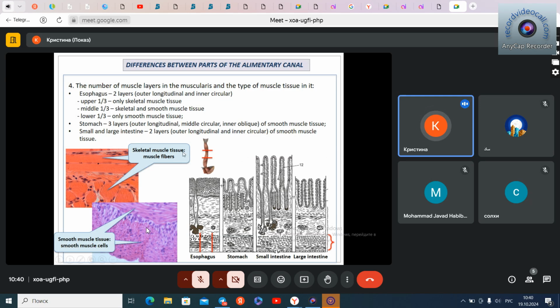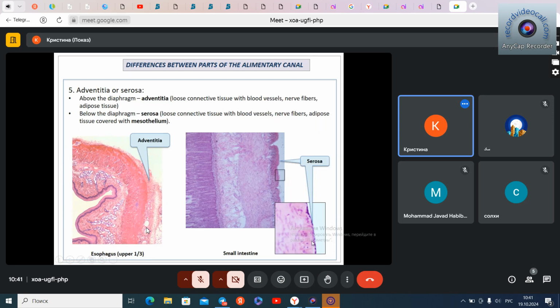In the small and large intestine, we have two layers, outer longitudinal and inner circular layers of muscularis externa, which contains just smooth muscle tissue. And adventitia or serosa above the diaphragm.